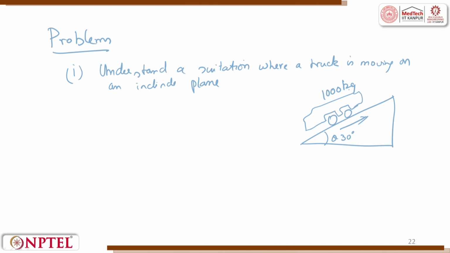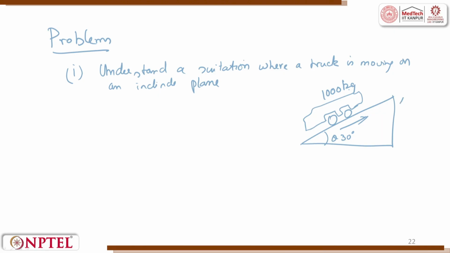So, if you want to take it to real life, there is a bridge, the truck is climbing on the bridge. So, now try to figure out what the forces are and how you find out the effort which is required for the engine. And next comes the friction component. You can assume the friction mu equal to 0.3, that is the tire and road friction.